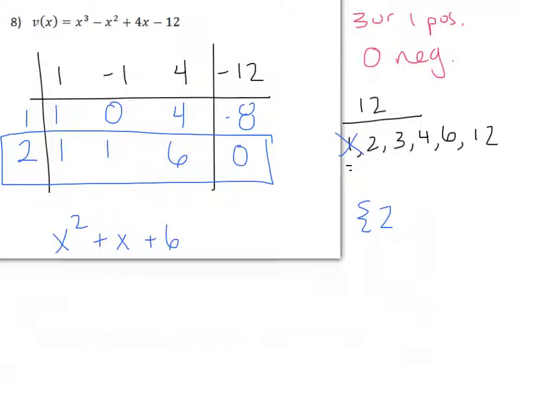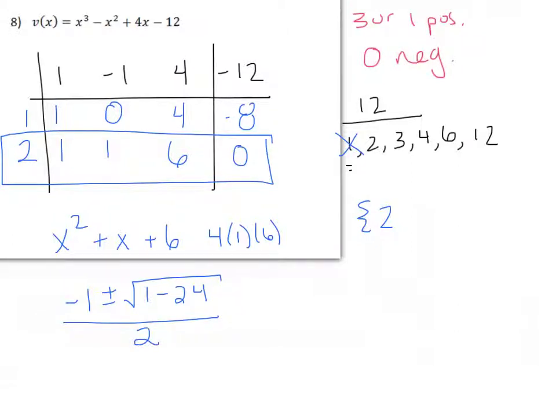So x equals negative b, so negative 1, plus or minus the square root of b squared, so 1, minus 4ac, so 4 times 1 times 6 would be 24, all over 2a, so 2.